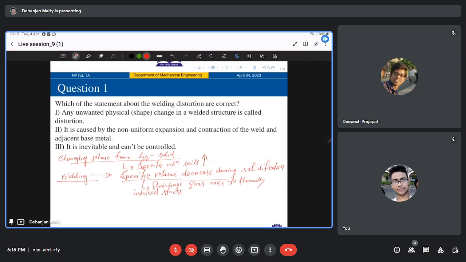And then what can be some other examples? Let us take an example of a mismatch in coefficient of thermal expansion giving rise to thermally induced stress. Maybe you have come across bimetal strips, used for sensing applications.